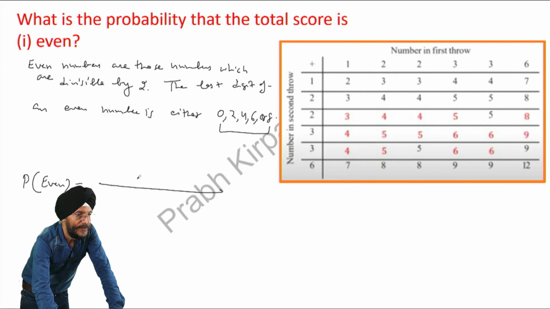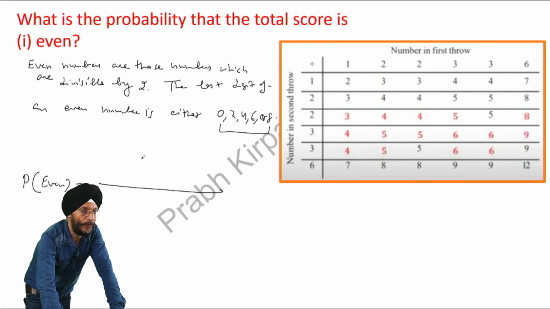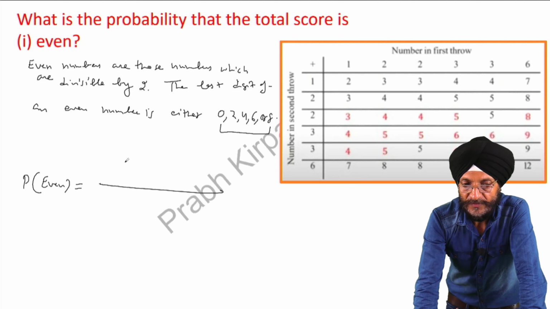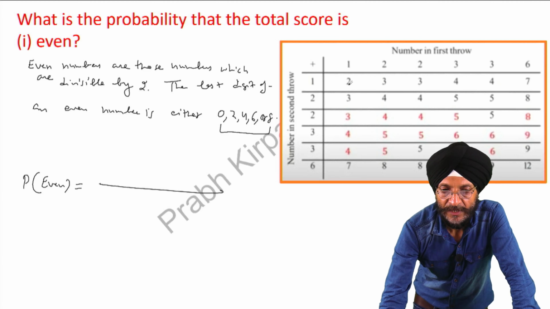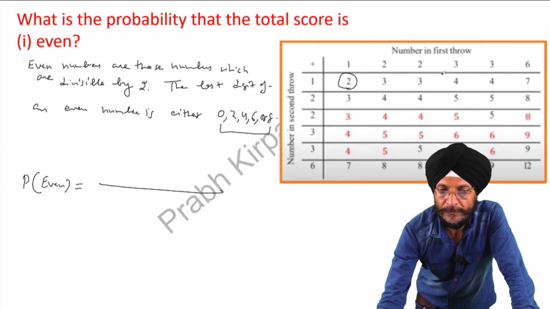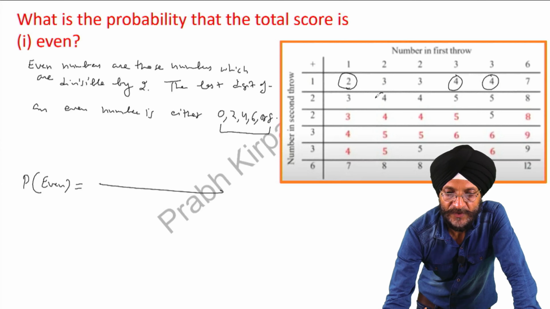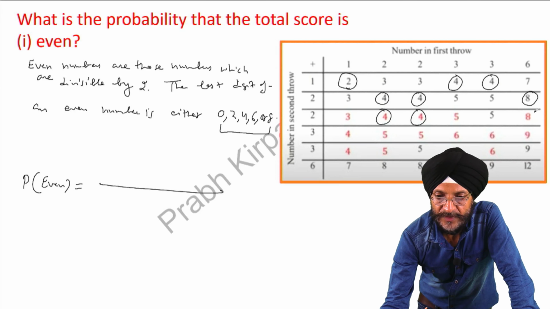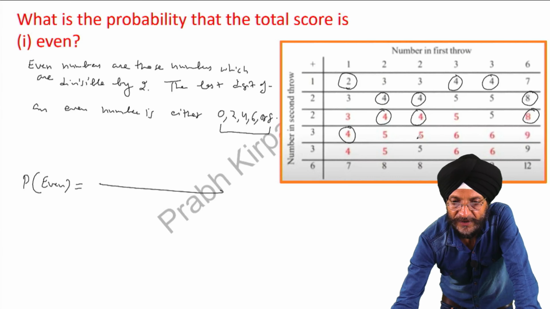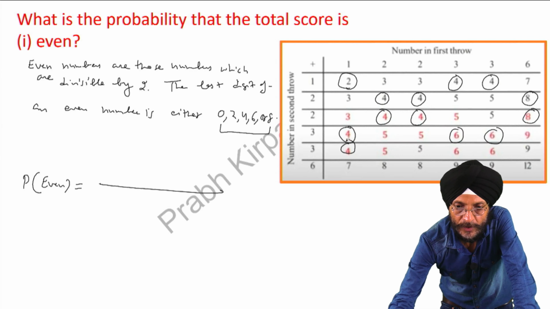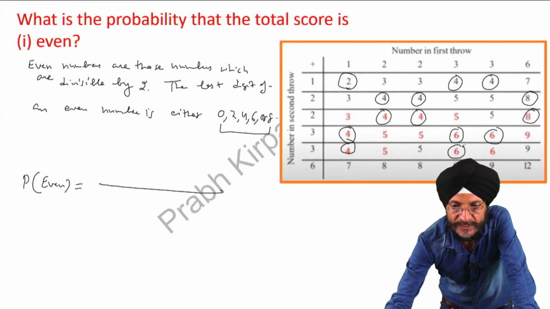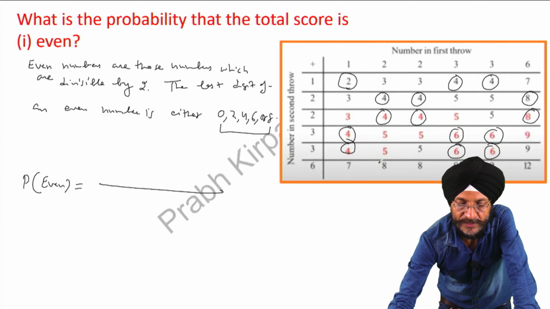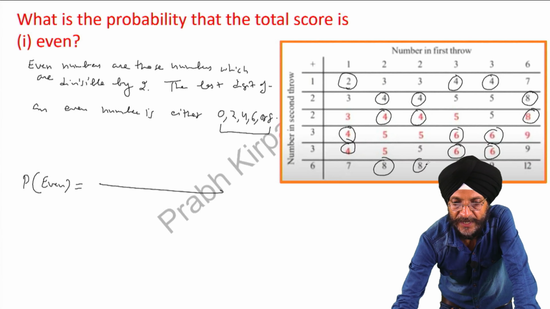So first of all, we will find out the number of favorable outcomes. Number of favorable outcomes means those numbers which are even. We will find out the even numbers. 2, 4, 4, 4, 4, 8, 4, 4, 8, 4, 5, 5, 6, 6, 9 is not an even number. 4, 5, 5 not an even number. 6, 6, 9 not an even number. 8, 8 and 12.